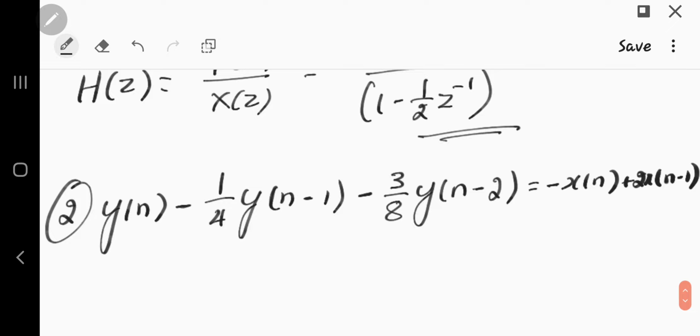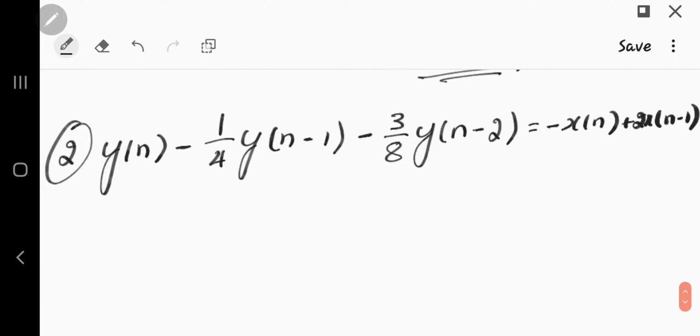So this is another example, try these two on your own to get the solution for this. And here one more thing is given, and I'll take that example in the next video.